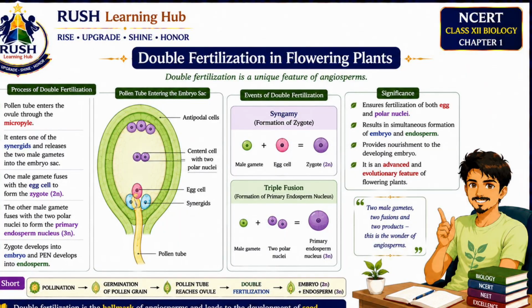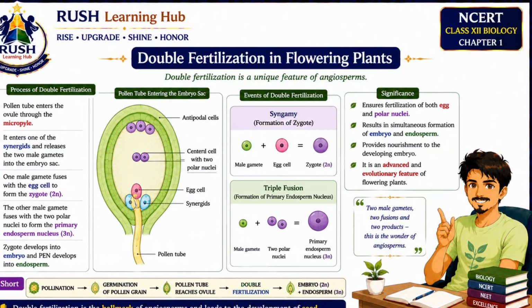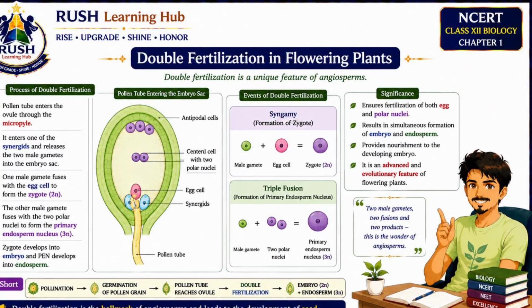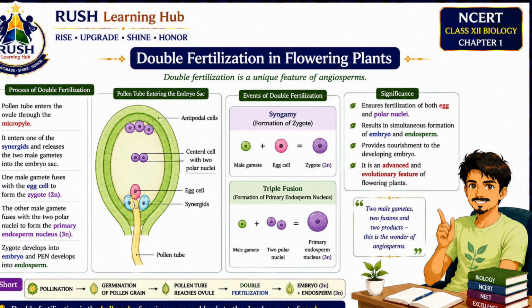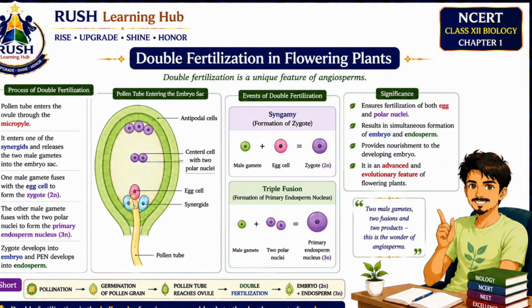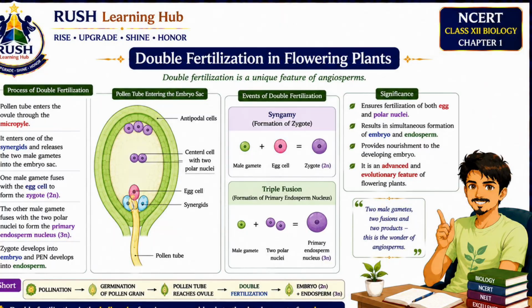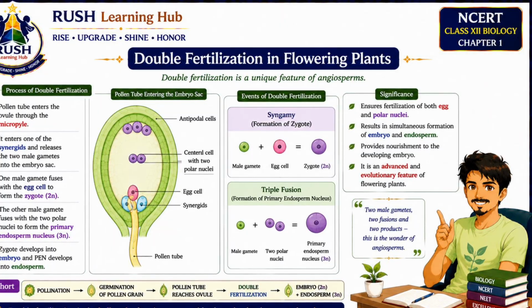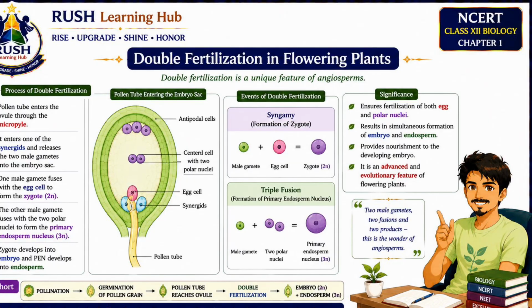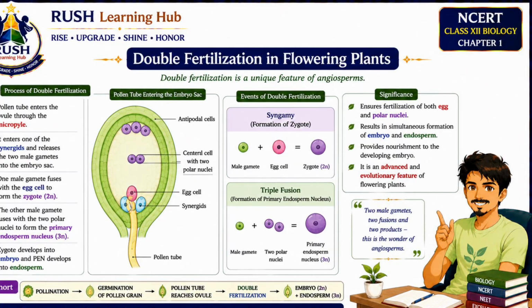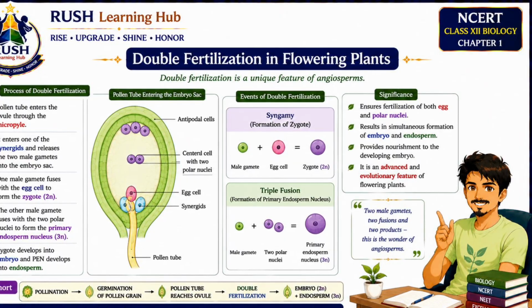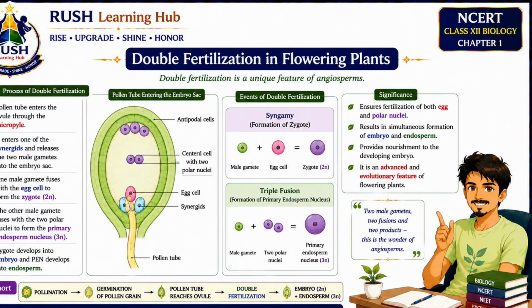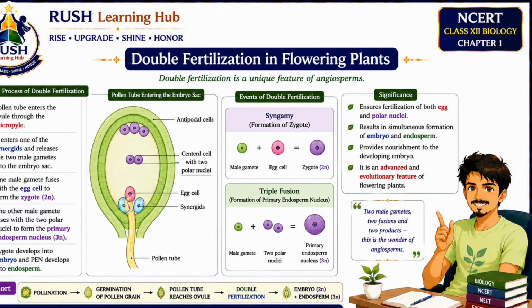Because two fusion events occur in the same embryo sac, syngamy and triple fusion, the overall process is called double fertilization. Double fertilization is a remarkable evolutionary adaptation of angiosperms because it ensures the simultaneous formation of both the embryo and the nutritive endosperm, which are essential for successful seed development.